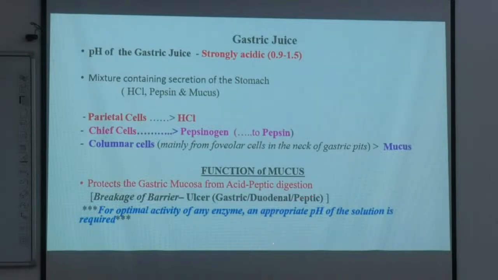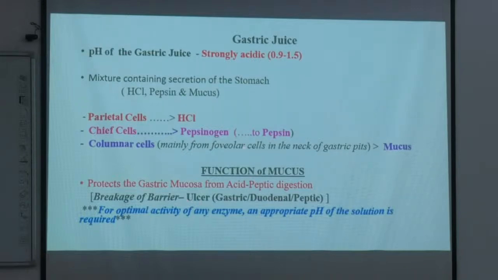Because otherwise the stomach mucosa will be digested. It is being exposed to acid, so there is a high chance that the mucosa will be destroyed. So that needs to be protected. So an adequate amount of mucus is required, and that's a barrier. That forms a barrier between the mucous membrane of the stomach and the gastric lumen.